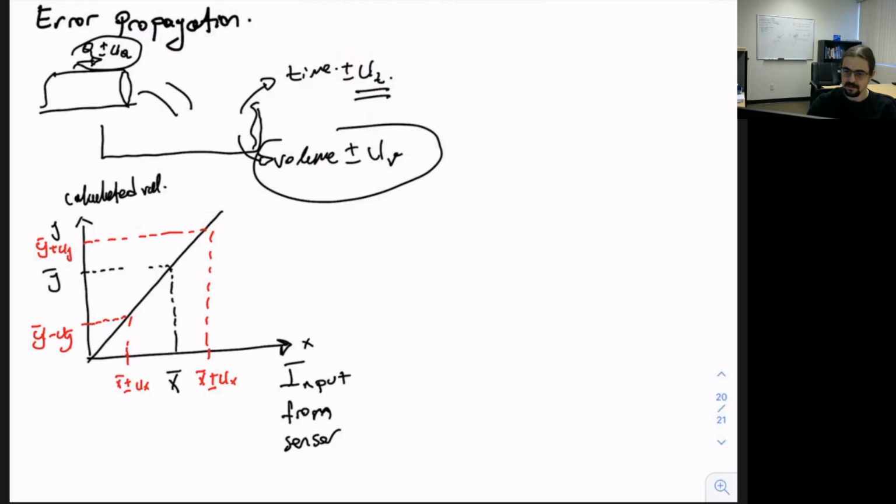So then the question is how Uy is defined in terms of Ux.